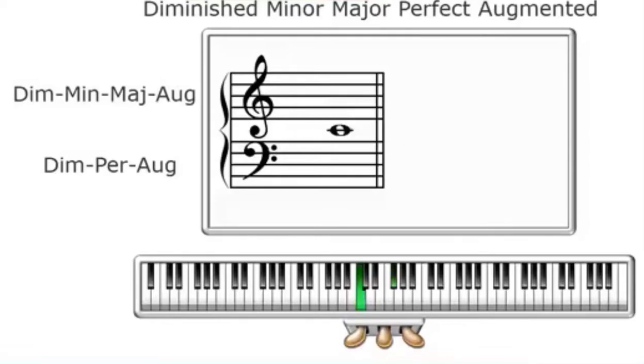Let's go back to C and F, perfect fourth. Now this time I'm going to raise the lower note by a semitone, make it C sharp, so again it's still a fourth, still 4 letter names, but the 2 notes are now a semitone closer together, and it's become a diminished fourth.